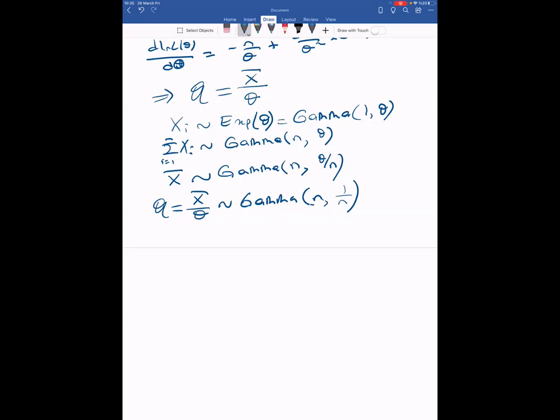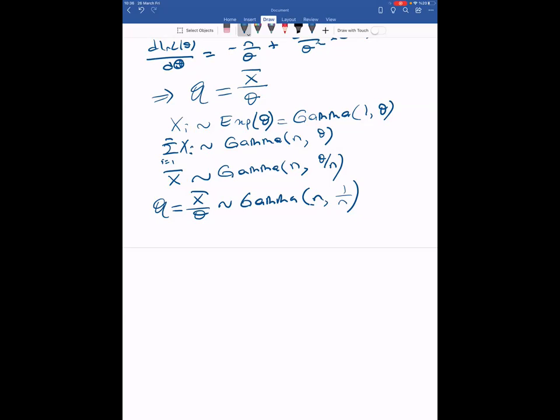To make the interval readily usable, we have to use, if possible, values that can be found from the statistical tables very easily. It should be user friendly. This is not user friendly right now, gamma n and 1 over n. How can any user find this value?